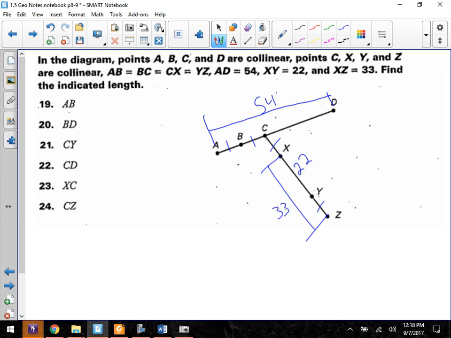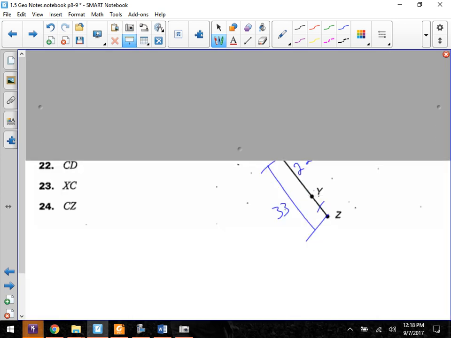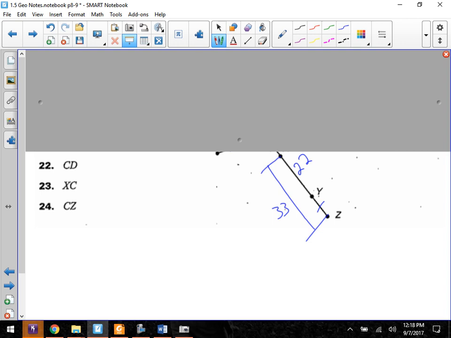That allows me now to figure out YZ. Everybody see how, if you don't pay attention to anything else here, you just look at this portion? Chunk plus chunk is the larger chunk. Okay. 22 and what is 33? 11. Good. Breaking it into smaller pieces to make your life easier.